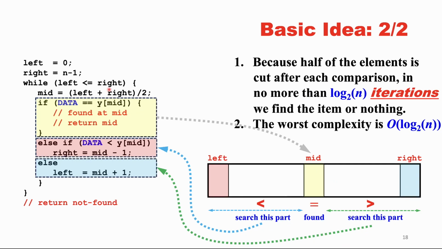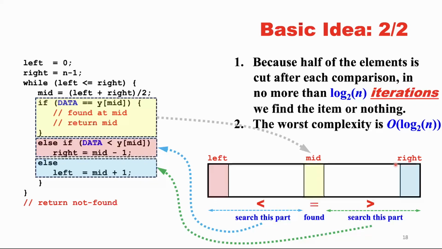So for binary search, every time we cut the number of elements to be searched by half. Say here, we cut in the middle. Either we search this portion, which is half of the original, or we search this portion, which is also half of the original.